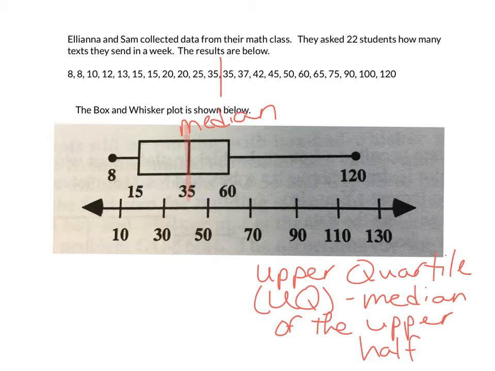Okay, so I'm thinking it is this 60 because I have 5 numbers below it and 5 numbers above it, so it is the middle. So it's like the median of the higher numbers. That is my upper quartile, which is shown right here.